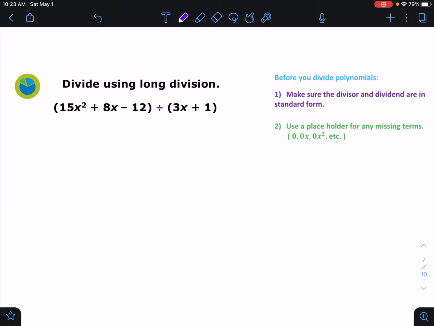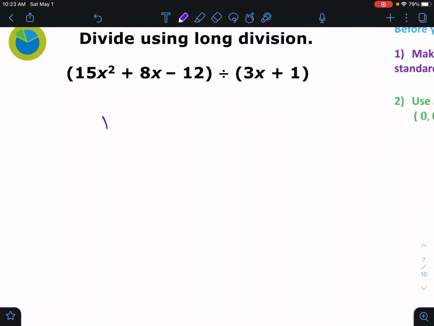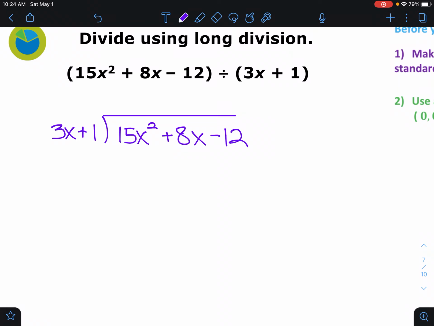There's no missing terms here. So now I'm going to write 15x squared plus 8x minus 12. And that's going to get divided by 3x plus 1.